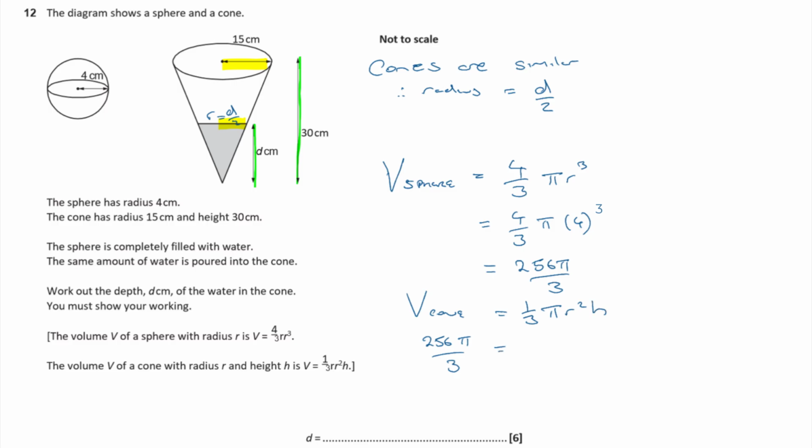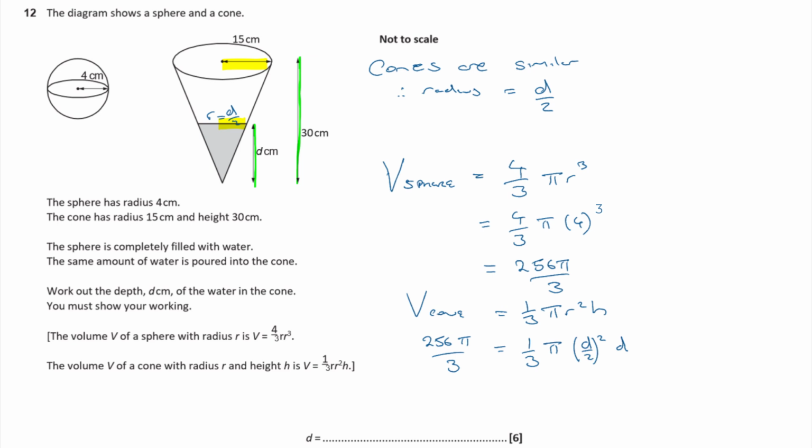I know the radius is d over 2, and I know that h is d. So I'm going to sub those two in. I'm going to get 1/3 pi times the radius squared, which is d over 2 squared, times the height, which is d.